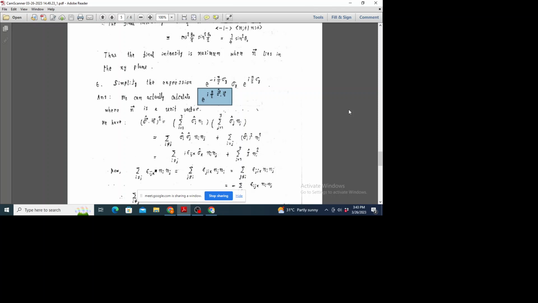For spin half you will use sigma by 2; for higher spin you will use the appropriate higher spin operators. So if you act this operator on a spin half state, you will rotate that state by angle theta, and the rotation is done around the n vector direction.